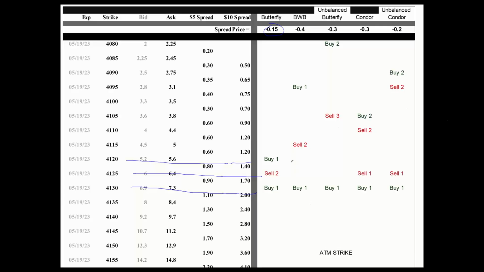Then on the BWB, we're going to deal with the 30, 15, 95 BWB. On the unbalanced butterfly, we're going to be buying one spread here, and selling two spreads here, and that'll cost 30 cents.